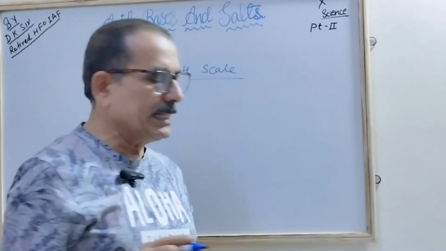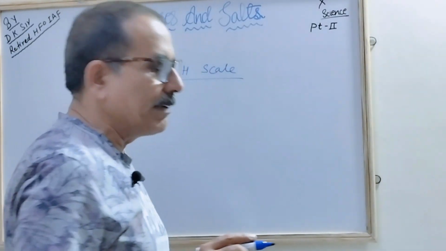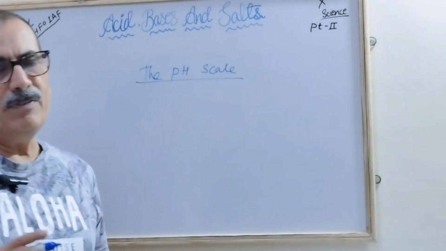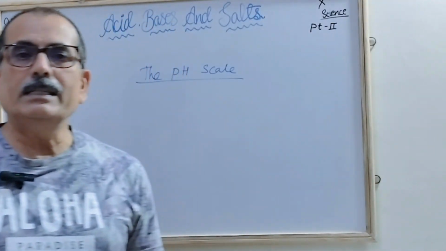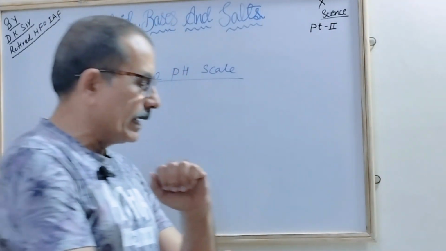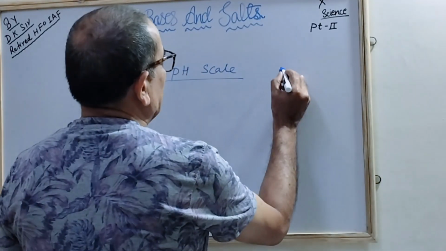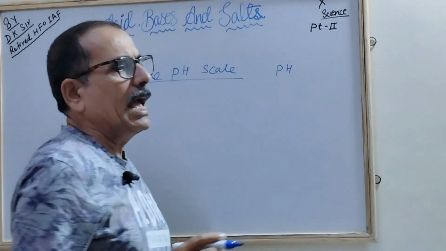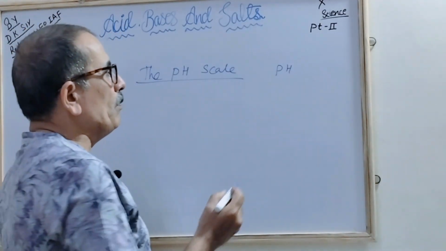On that basis you can find out whether the solution or any substance is acidic or basic. If it is acidic, what is the strength of the acid? What is the strength of the base? With this scale you can find out. Now comes the pH. The pH is basically as per the strength of the H plus, correct? We are going to measure it.